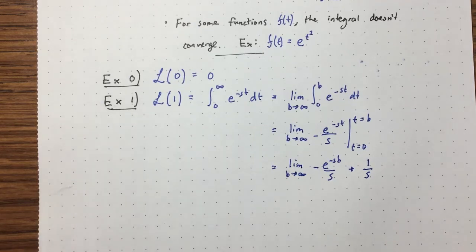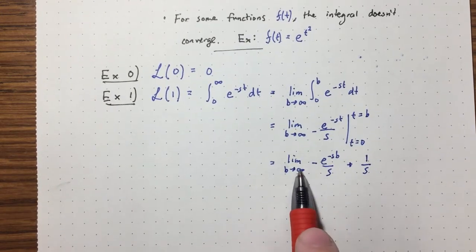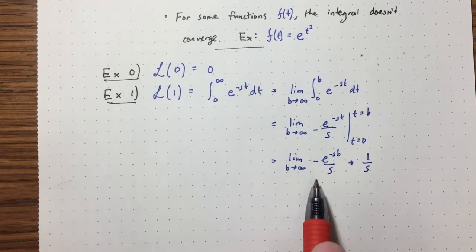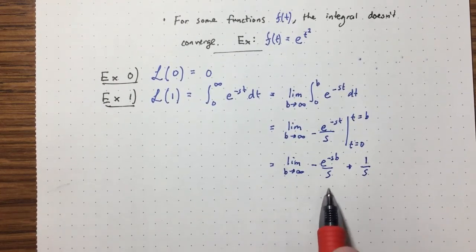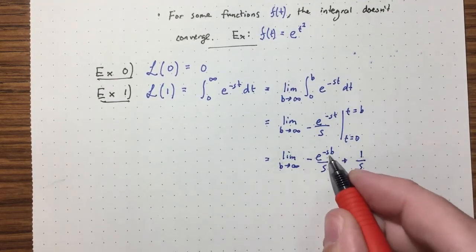Okay, well, what do we have here? Well, this is actually a little bit subtle because we don't really know anything about s, right? S could be positive, it could be negative, it could be 0. If s is 0, then this is already not defined, so we have to be careful clearly. What if s is positive?